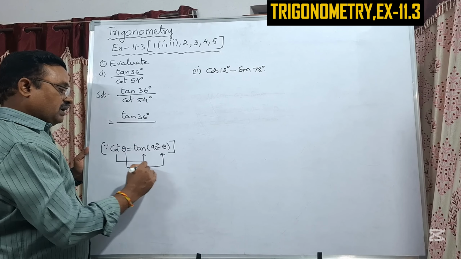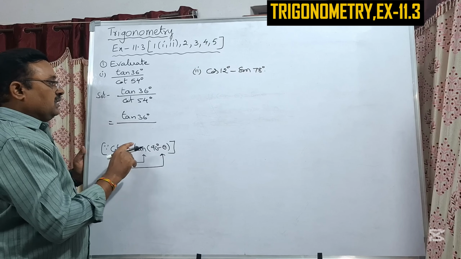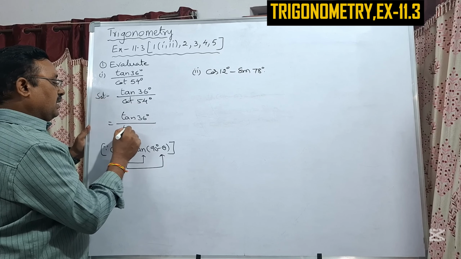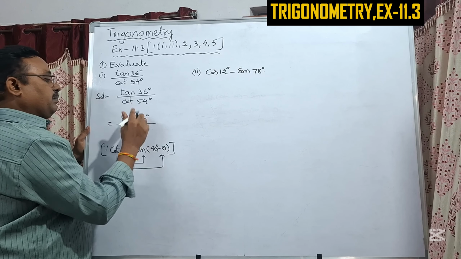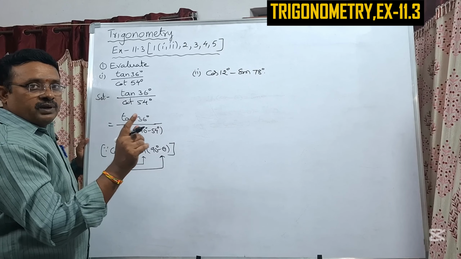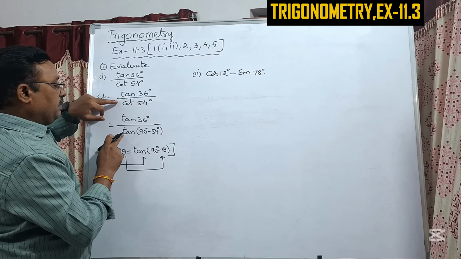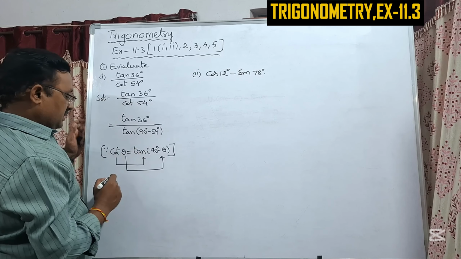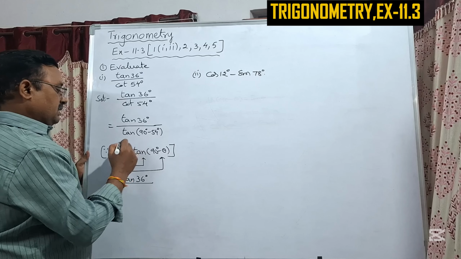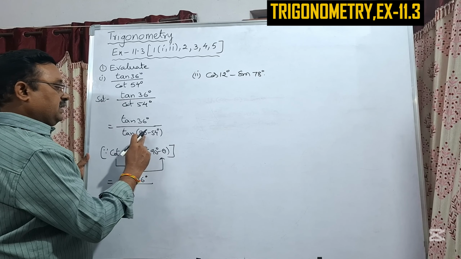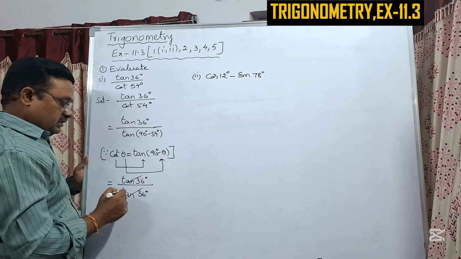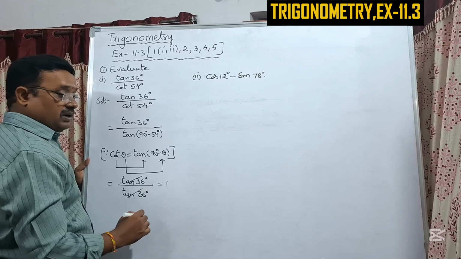That's why cot 54 degrees will be written as tan of 90 degrees minus 54. Get into the habit of writing it like this. That equals tan 36 remaining as it is, divided by tan 90 degrees minus 54, which is 36 degrees. So both numerator and denominator have the same value, therefore it is equal to 1.